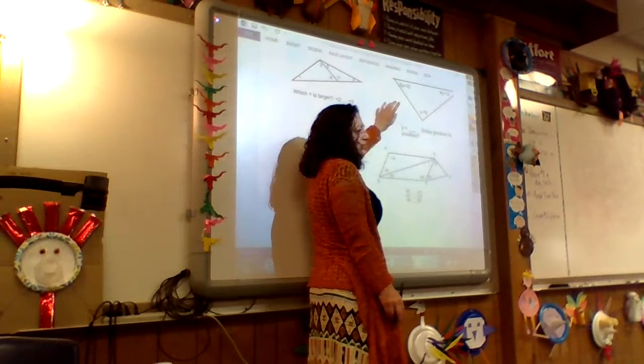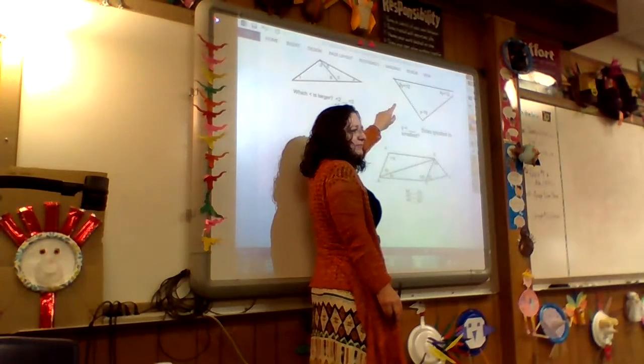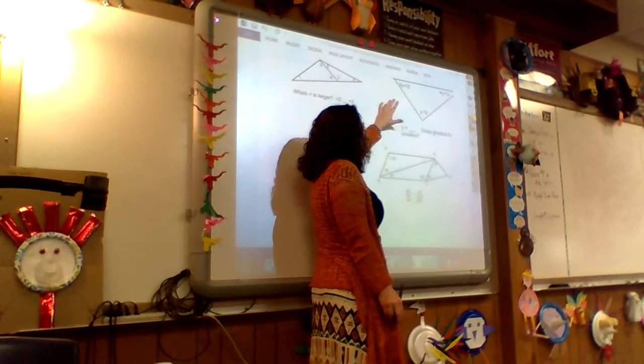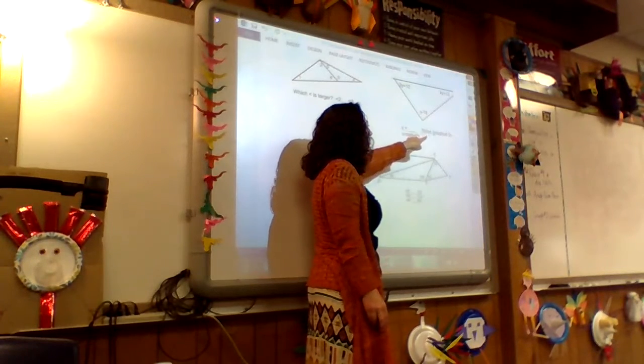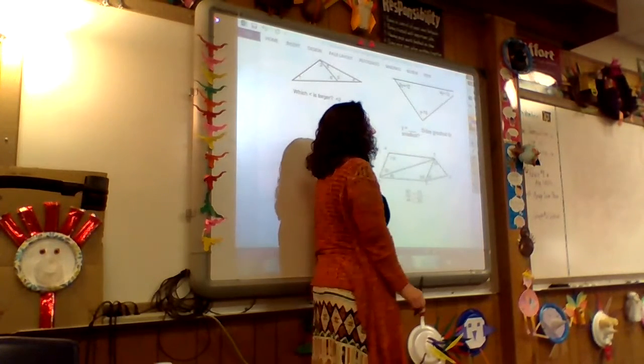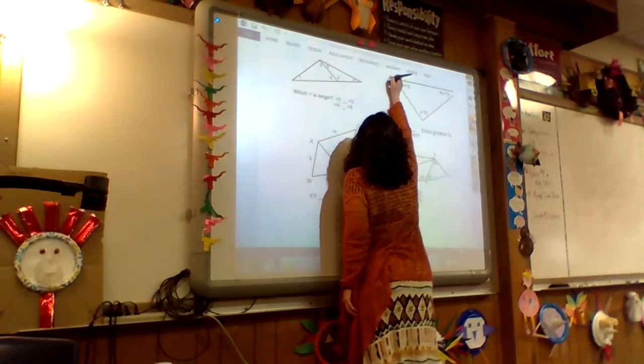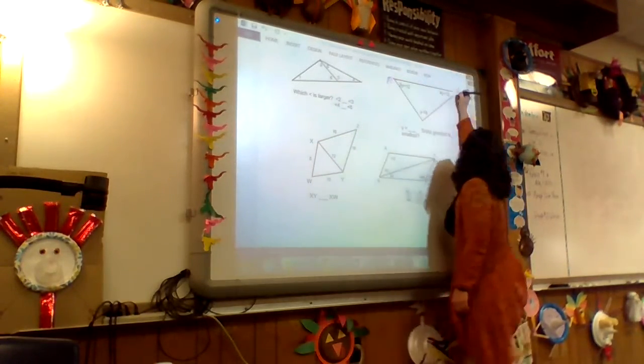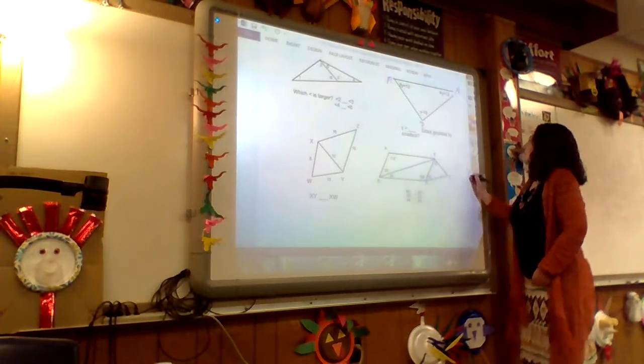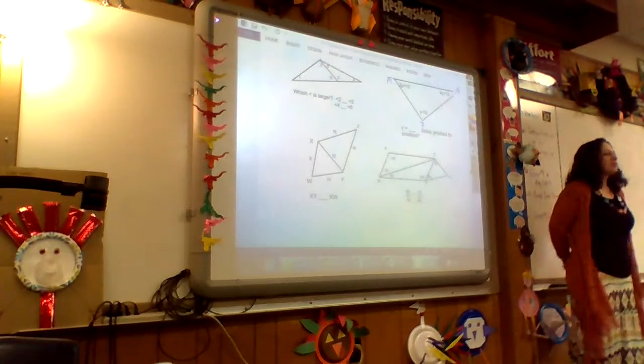Oh, they gave us no angles, they gave us no sides. All right, what can we do, guys? They want us to find the y and then figure out the sides from largest to smallest. Actually, I want you to draw this one in your notes. So let's call this triangle MNP. Please draw.